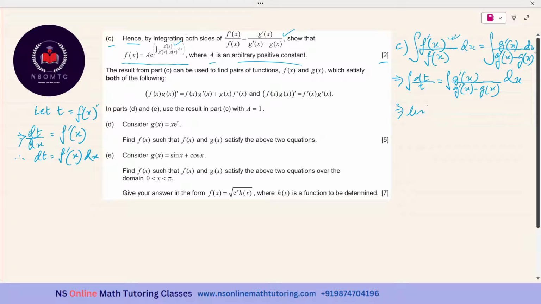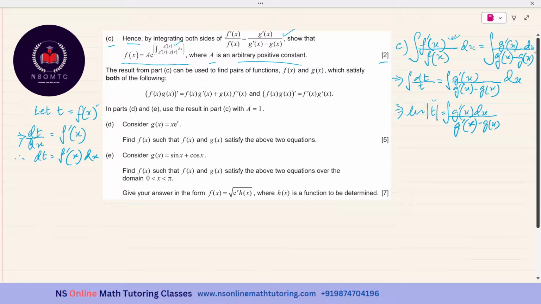And this one is ln of t equal to the integral of g dash x dx over g dash x minus g of x. And because I have integrated, I could have written plus c. I have to write the constant of integration.